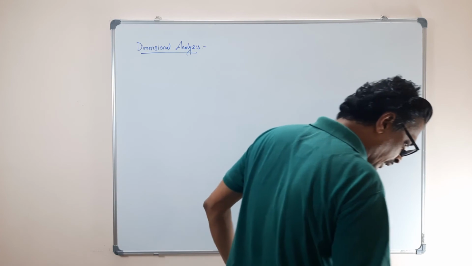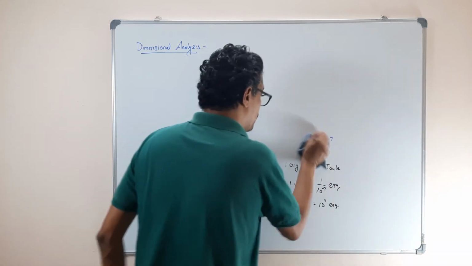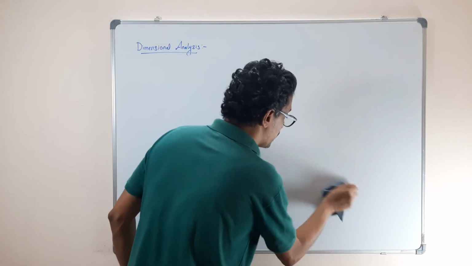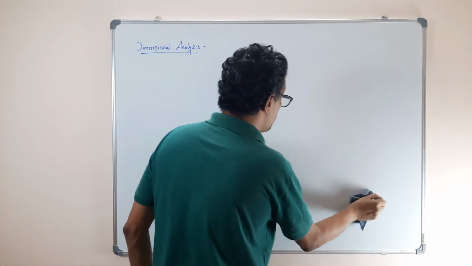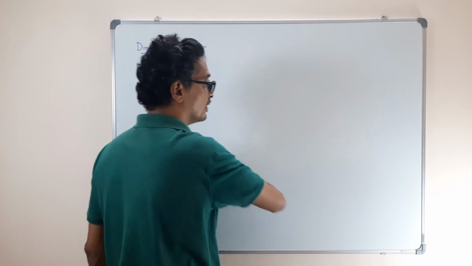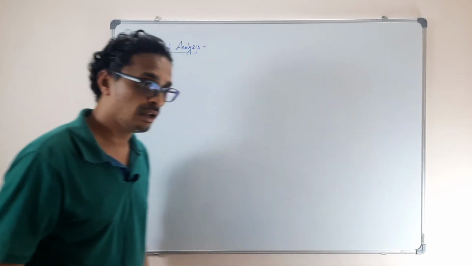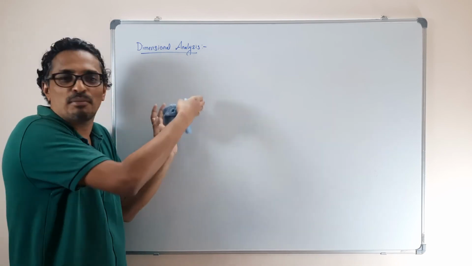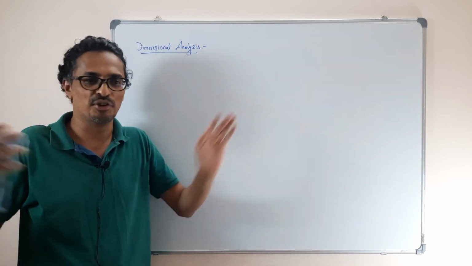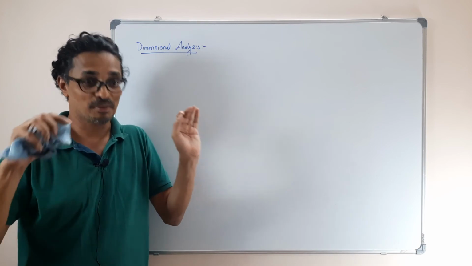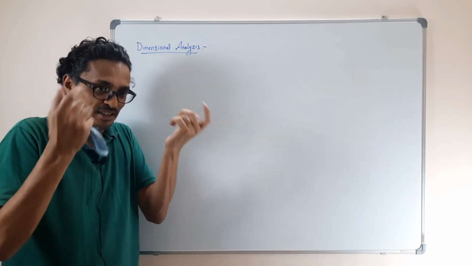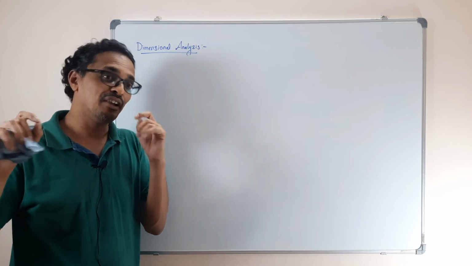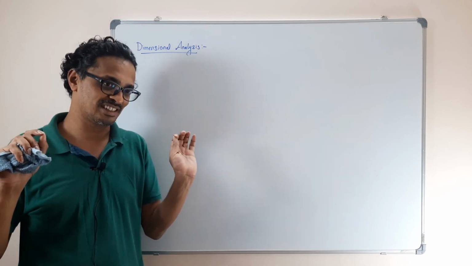The second part is a very important drawback of dimension analysis. Suppose your actual equation has some sine theta. We got the square root of L by G, a simpler problem that we solved easily. Suppose you are taking up some physical process and solving it using dimension analysis.